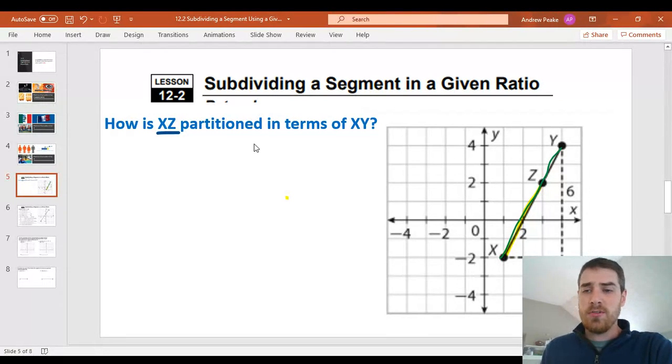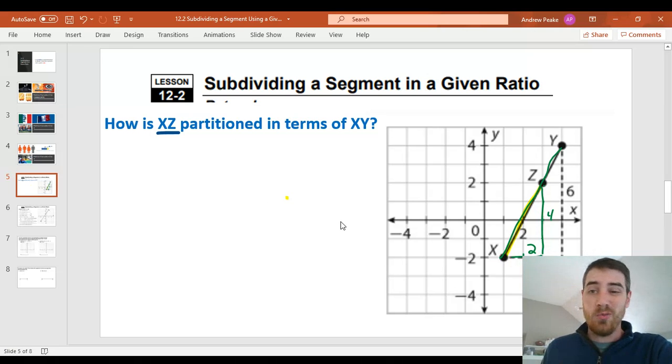So what we're going to do here, we're going to figure out the slope from x to y: we have 3 to the right, 6 up. So let's figure out how far we have to go to the right to get to z. I'd say 1, 2, so 2 over, and that'd go up 1, 2, 3, 4. So I have another mini triangle in here where it's 2 to 4.